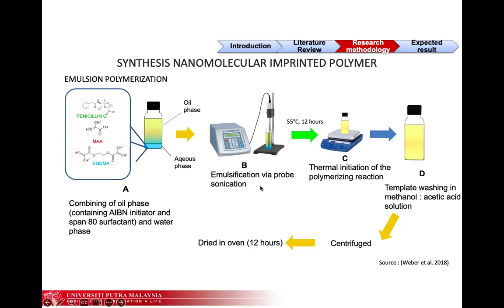So starting from the monomer, you have to study the temperature and all other controlling factors, porogen. Okay, I have not talked about the porogen. The washing to remove the template.